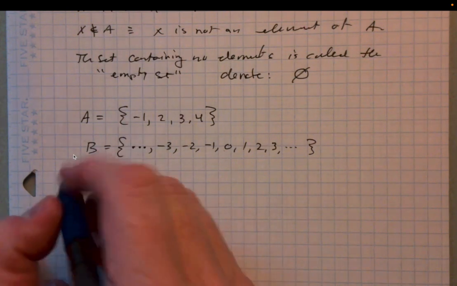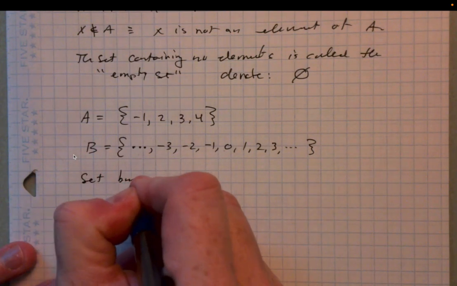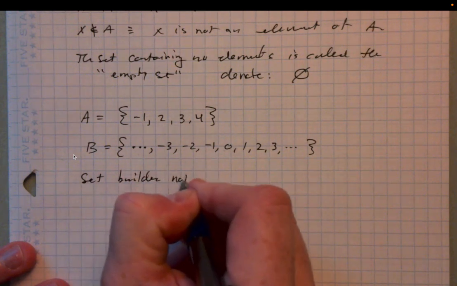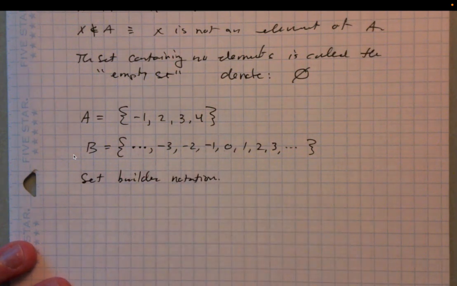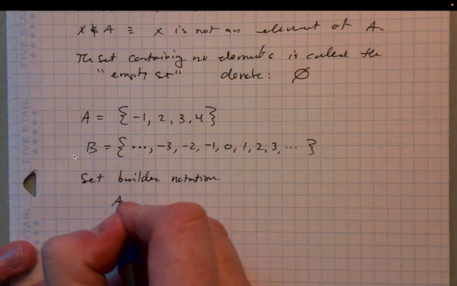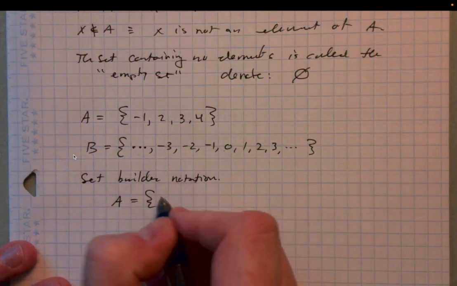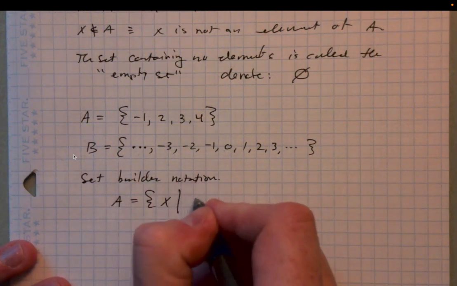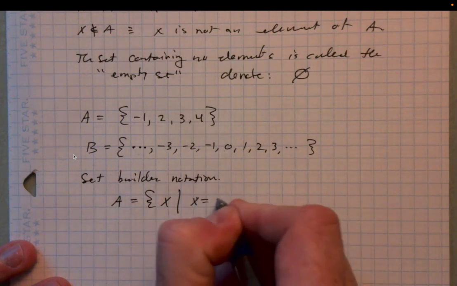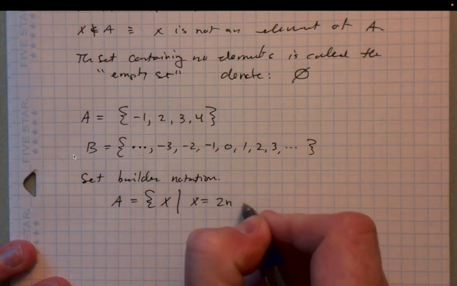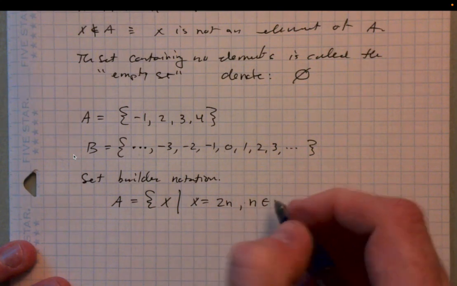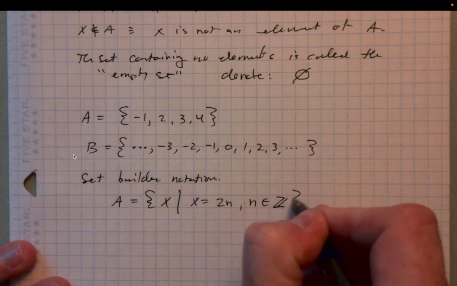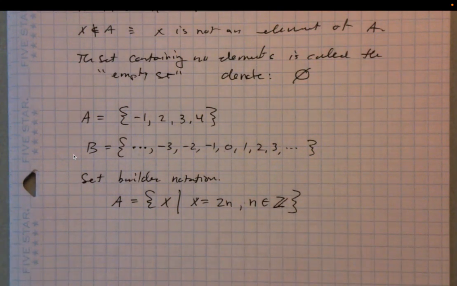We can also use something called set builder notation. We might say something like this: A is equal to the set of all x such that x is equal to 2n, and n is an integer.